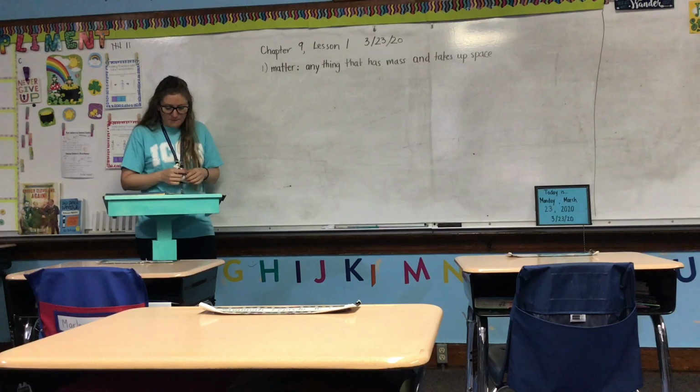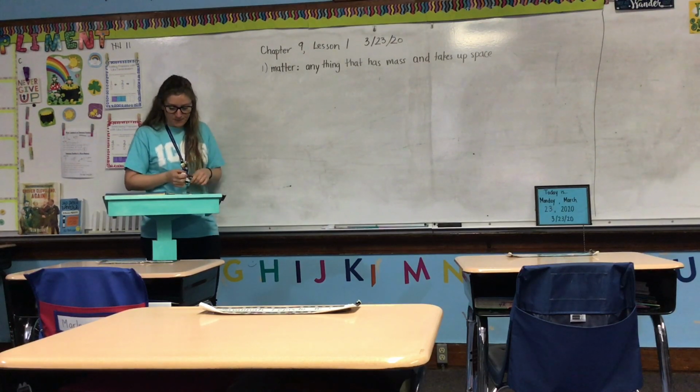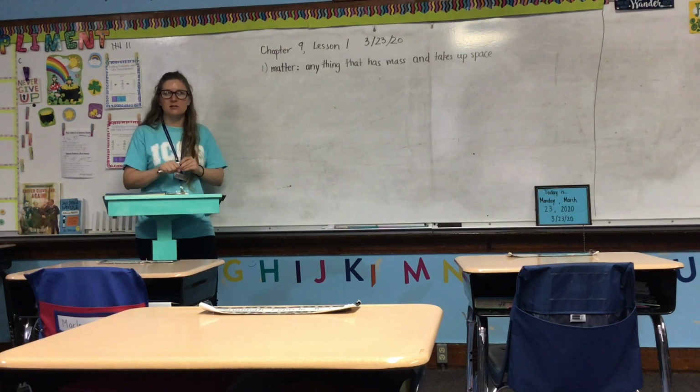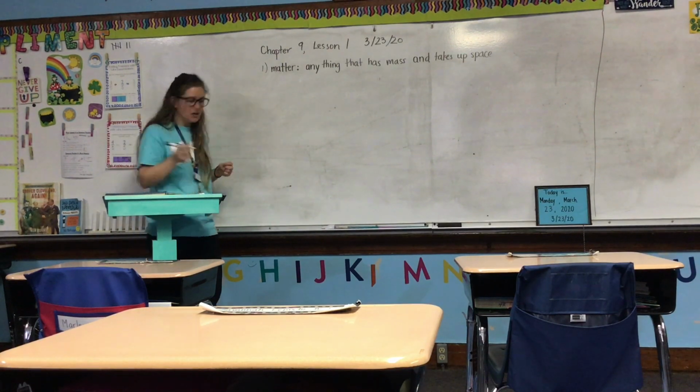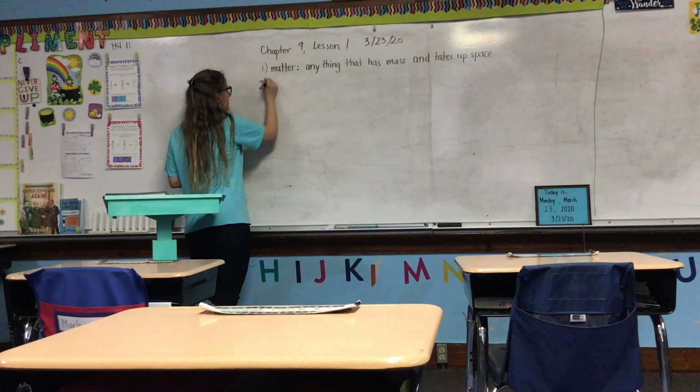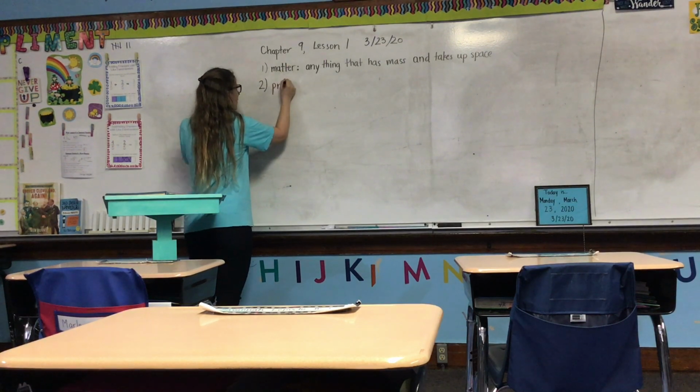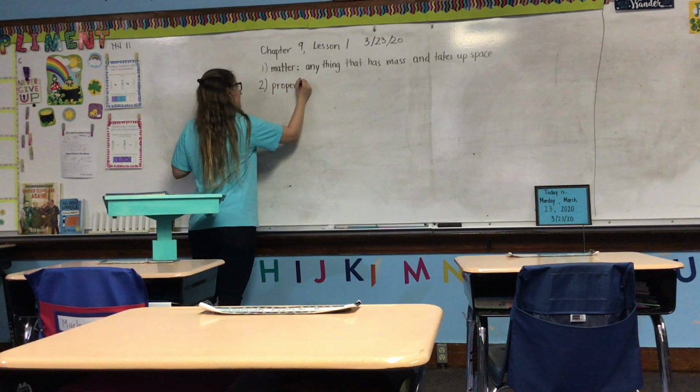One way to describe matter is by its properties. A property is a characteristic that you can observe. Remember, characteristic means the same thing as trait. So our next word is property.